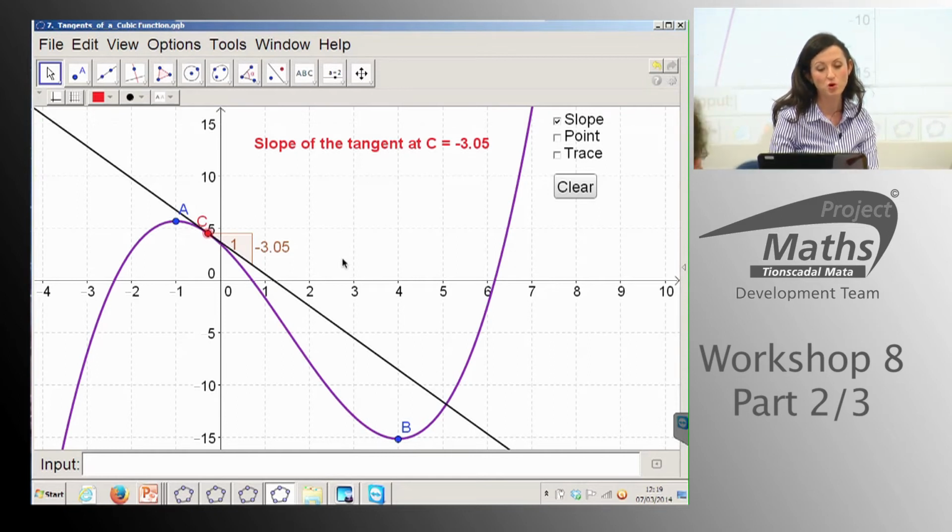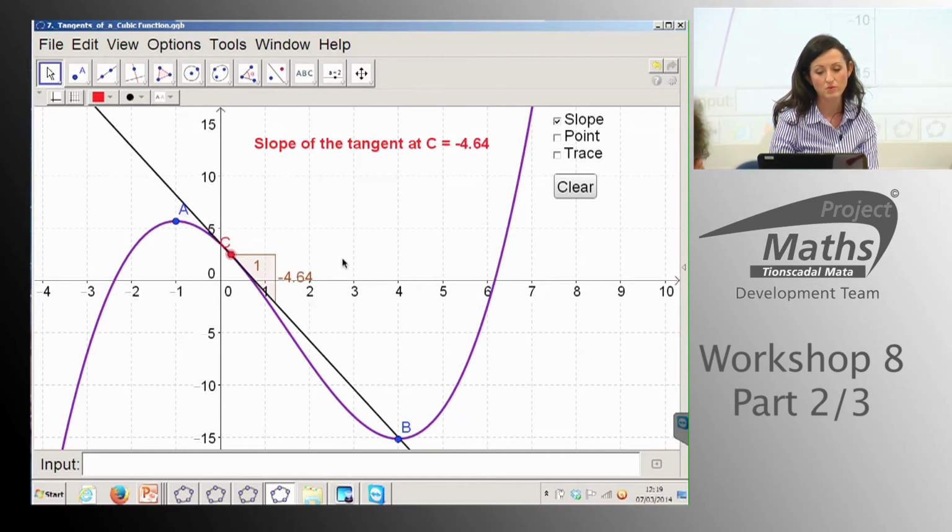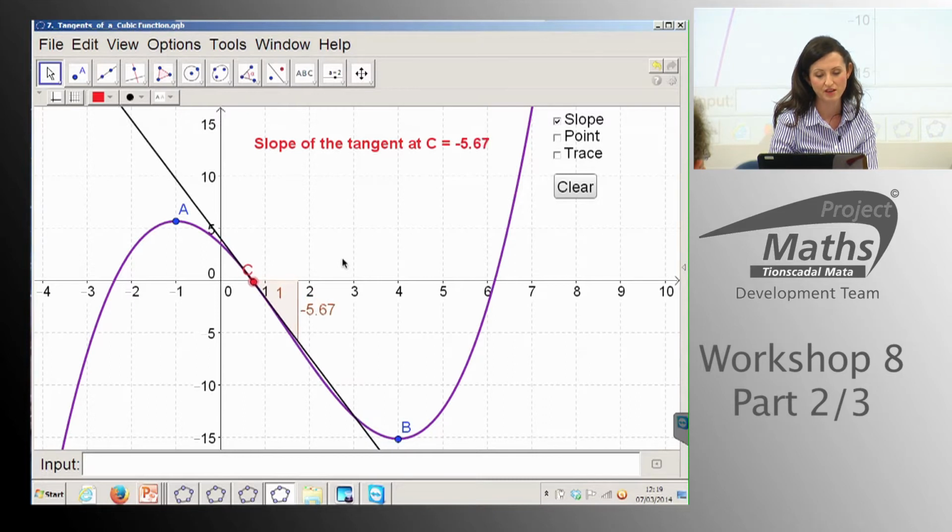Now, there came a point, didn't we say, when we came down here and it stopped decreasing and started increasing. So we're minus 5.4, minus 5.5, still decreasing, minus 5.77, still decreasing, minus 6, still decreasing, minus 6.25. Did you see that?